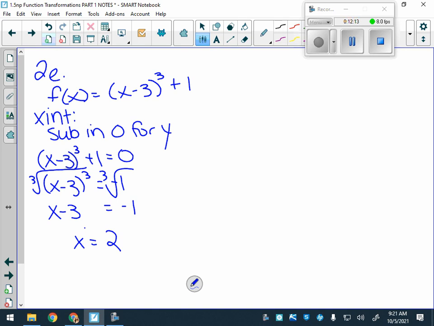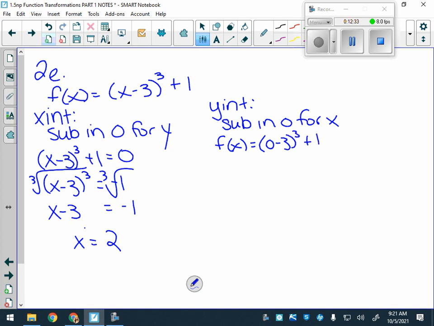Now to find the y-intercept, you substitute 0 in for x. What is 0 minus 3? Negative 3, thank you.